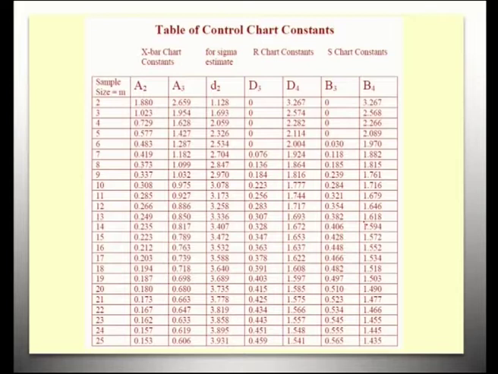These A values, d values, b values are already calculated and tabulated in this format, starting from sample size 2 to 25. So A2, A3 are for x bar chart, and for the sigma estimate d2, for R chart constants we have d3, d4, and for S chart constants we have b3 and b4.